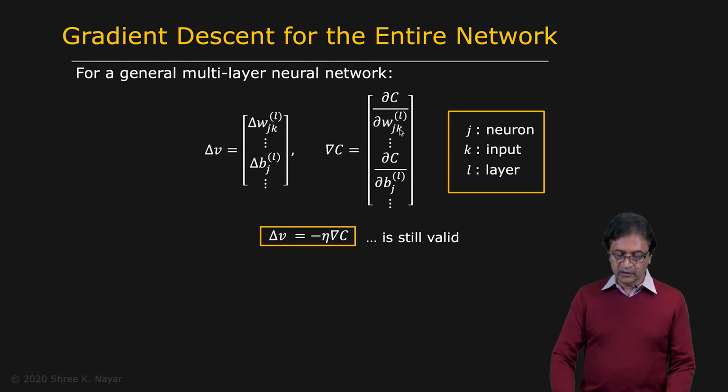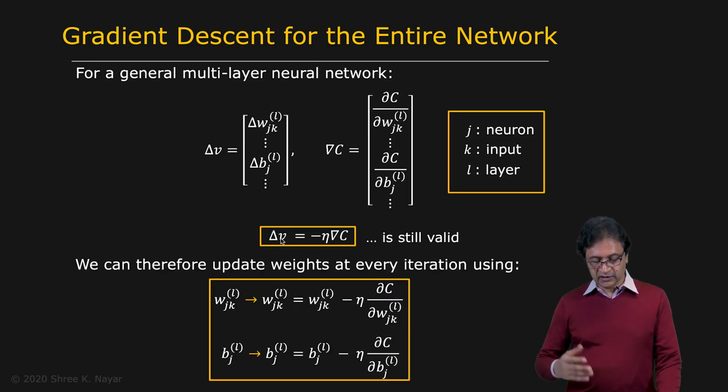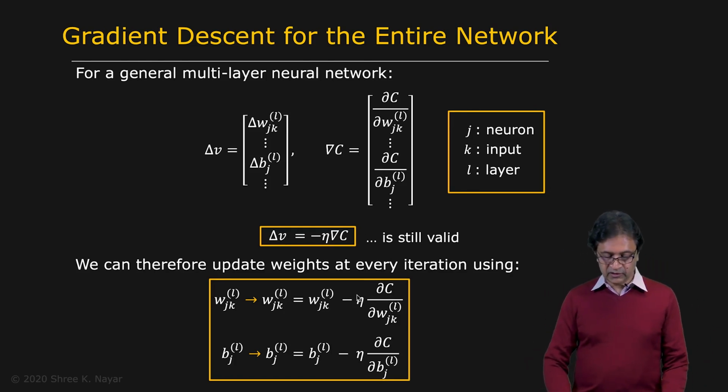Once you've computed the gradient, and we'll see how we compute it, you simply multiply the gradient of C with some chosen eta, and you end up getting your change or adjustment in your parameters. Then you use exactly the same update rule: you update the existing parameters to get your new parameters right here.